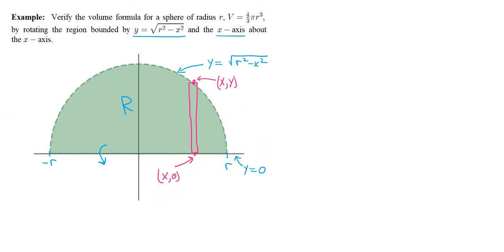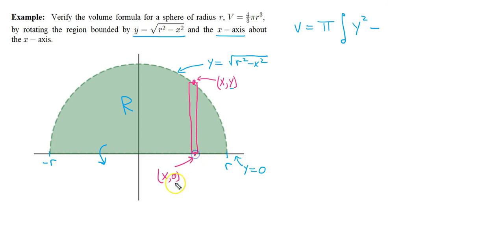And so our volume formula is going to be, the outer radius squared. Well, the outer radius is the distance from here to here, and that's the y coordinate here, so that's y squared, minus the inner radius squared.